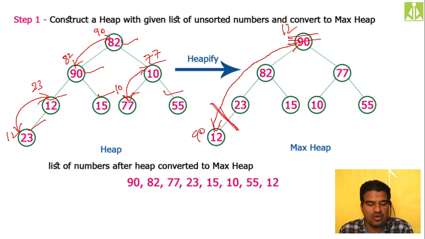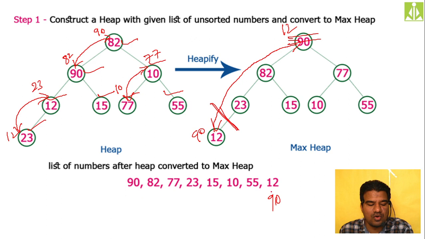Keeping 90 over here and deleting would disturb a lot of things. So what we have done, simply we have swapped and we are deleting 90 now. So after deleting 90, what will happen? You will have 12, 82, 77, 23, 15, 10, 55. And this 90, whatever you have deleted, fix it at the end, and the rest of the things you write in level order traversal.